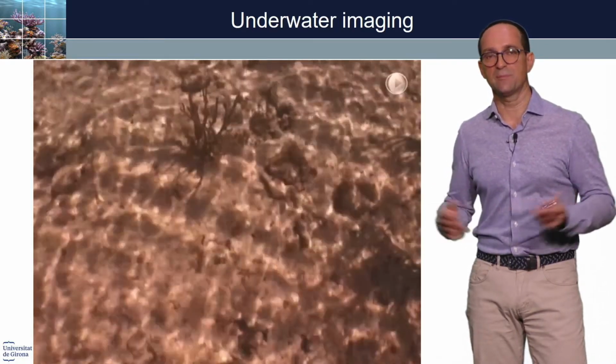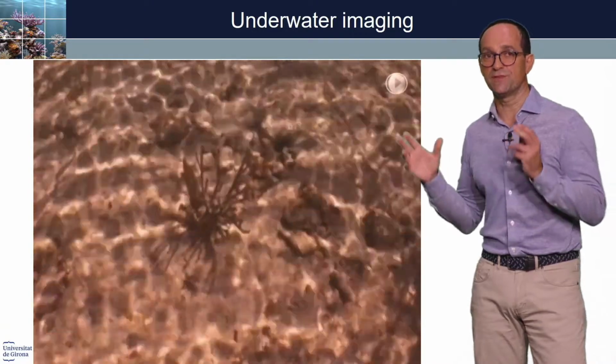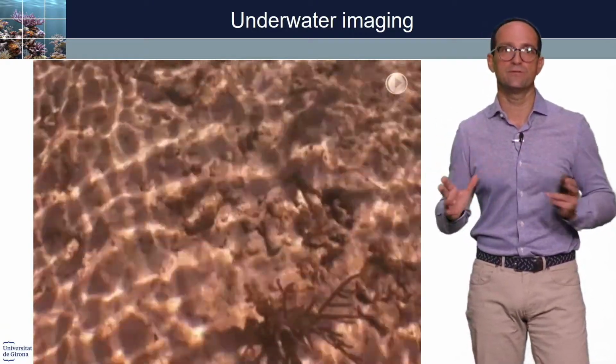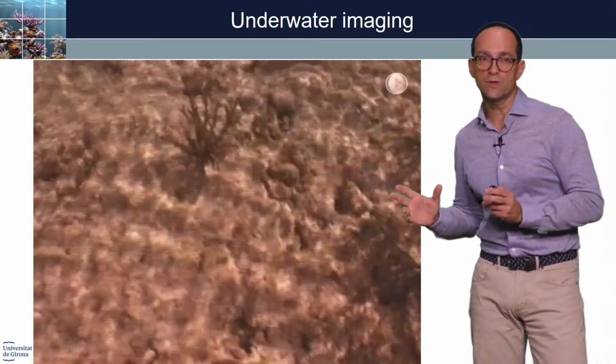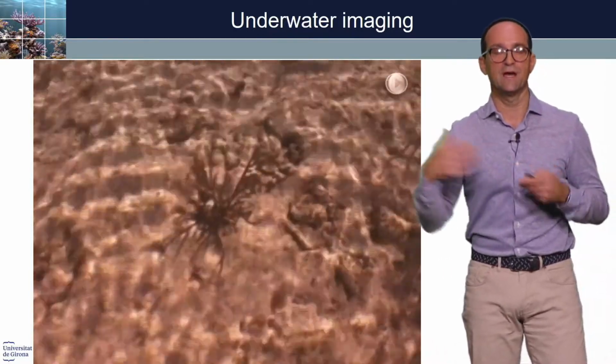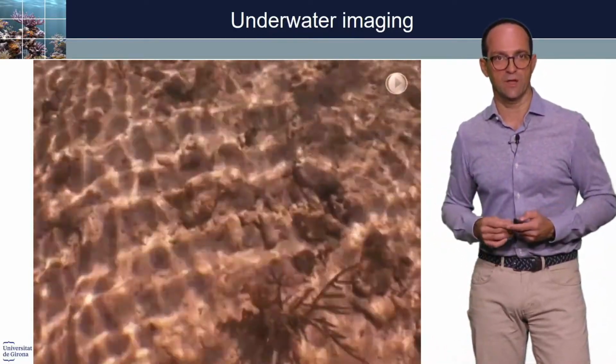And this is an example of what happens, in which if I try to apply normal computer vision techniques here, I'm going to recover the motion of the flickering pattern and not the motion of the robot, which is what I want to do.